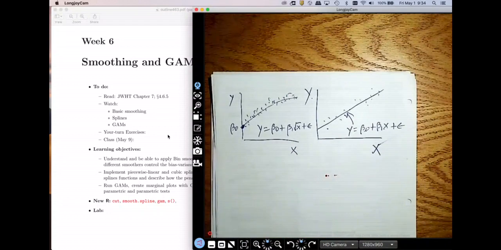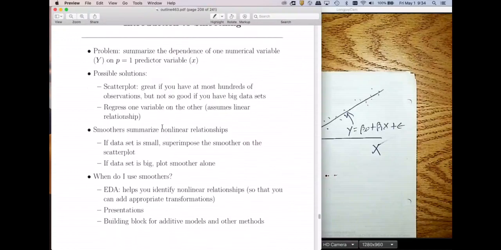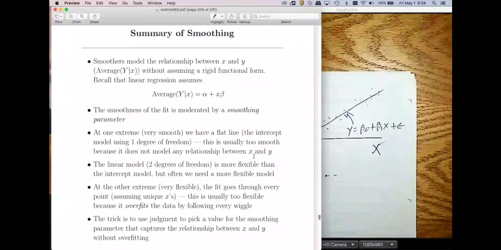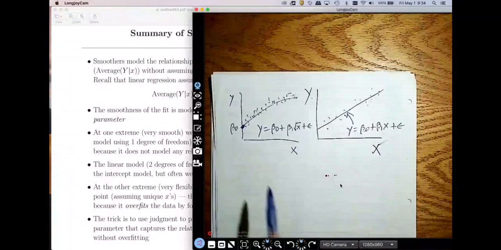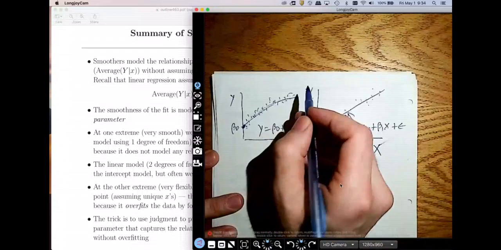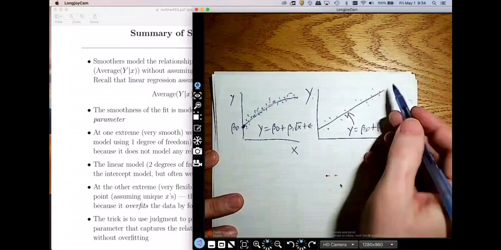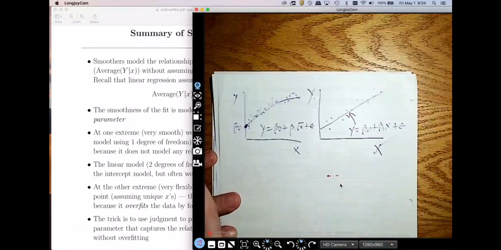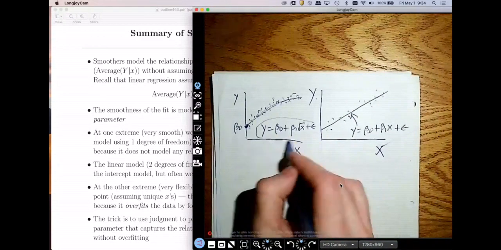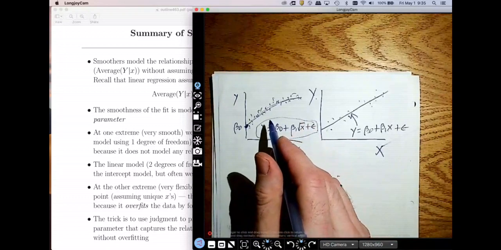Well, that's what we're going to do today. And so what non-parametric regression is going to do is it's going to automatically detect that there's a curve here and find that. Or it would automatically detect that this is a line. All right, so I don't have a simple equation like this involving a few parameters.